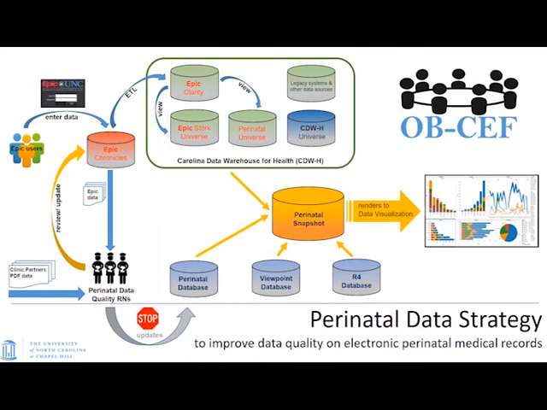Another thing we did is, in that example that I provided where the clinicians didn't have an option to select what type of C-section they were having, we had to change the Epic Hyperspace. I mean, changing data capture improves data quality. So when I asked, how can we change this in Epic?